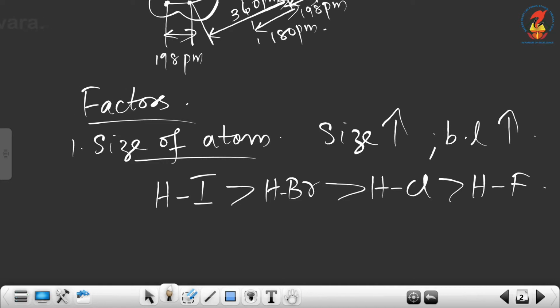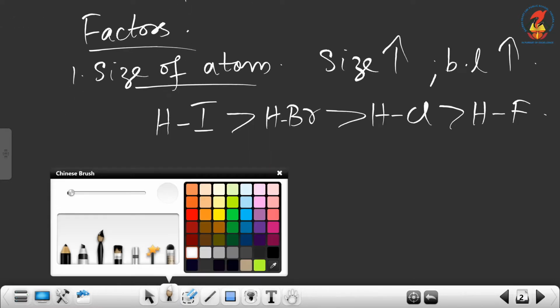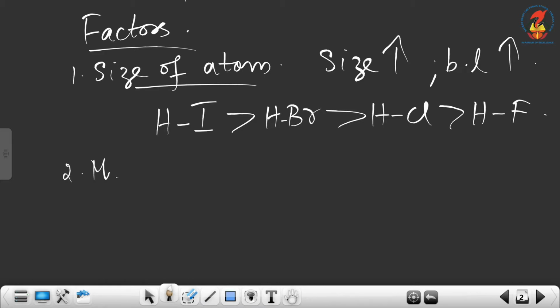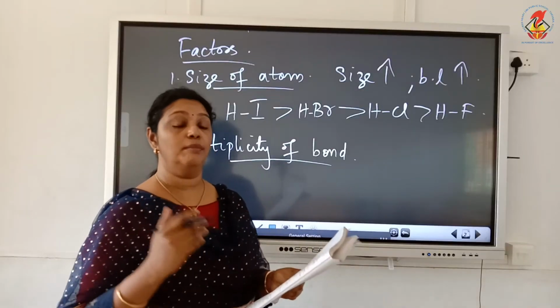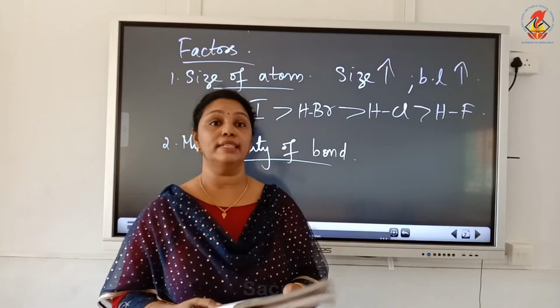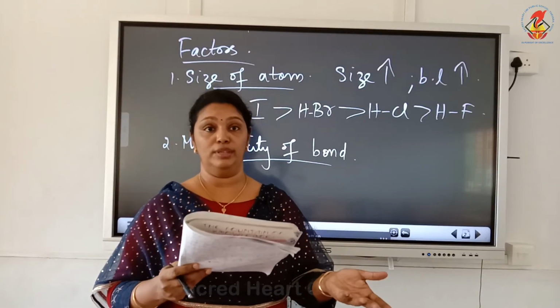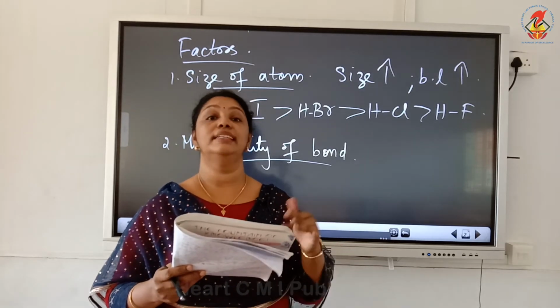Now, the next factor is the multiplicity of the bond. Bond length depends upon the multiplicity of the bond. Multiplicity of bond means single bond, double bond, triple bond. If it's a triple bond, then the bond length decreases.